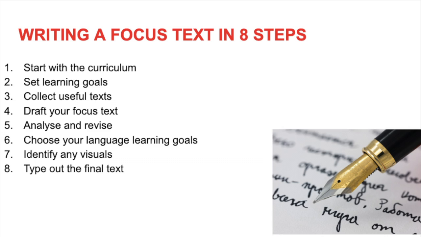We choose your language learning goals. We identify any visuals in step 7. So you might decide to include some visuals. In this case, we're looking at solar system in science. So that might sort of go hand in hand with the text that you're learning.